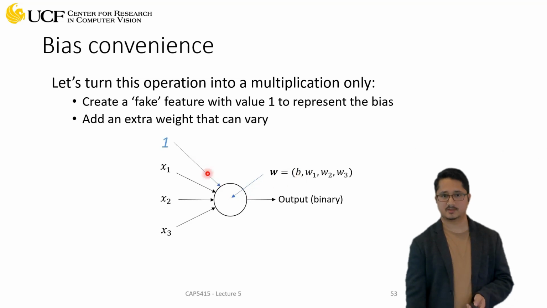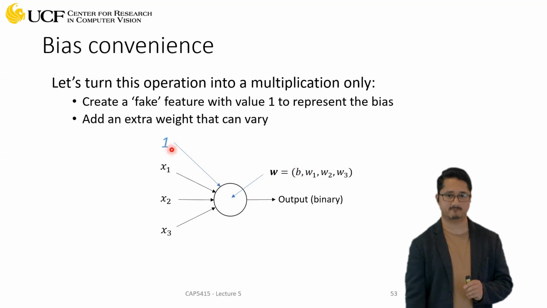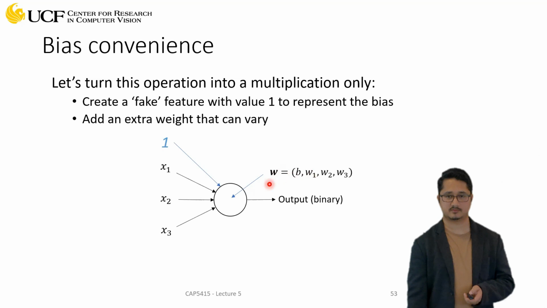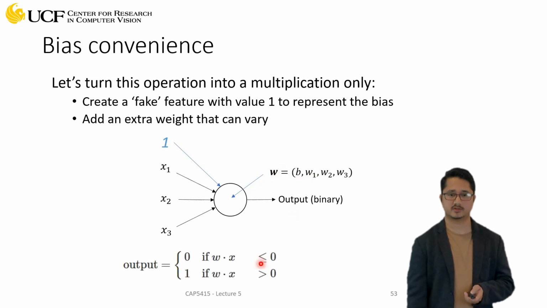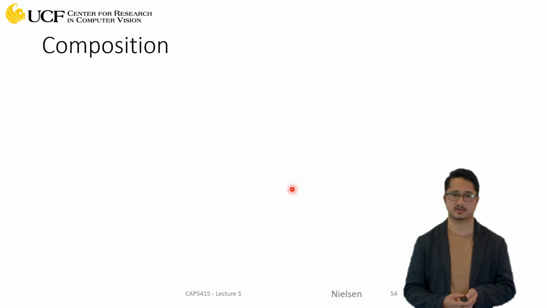And then you can add one more input and hard code that as 1. Now what will happen is, if B is the bias, it will be multiplied by 1, right? So it will still be B, but now you can represent that as a parameter in your network, which is your weight. And then your operation is simplified. You don't need any summation because you don't have B outside of your matrix multiplication.